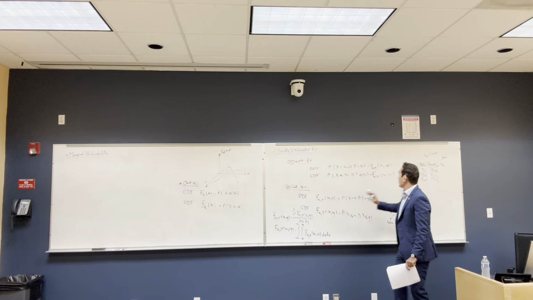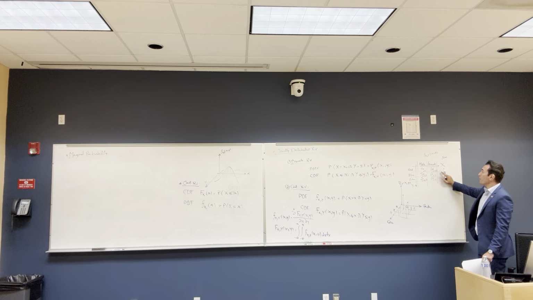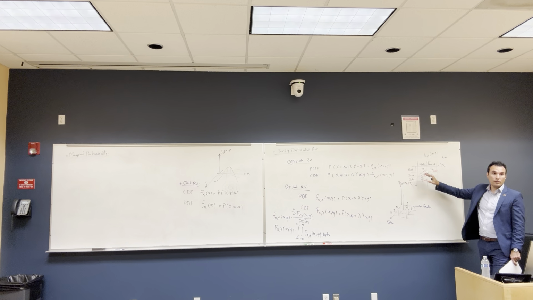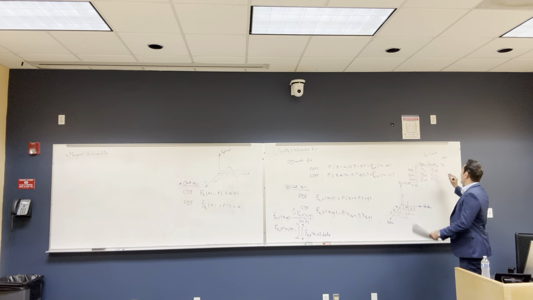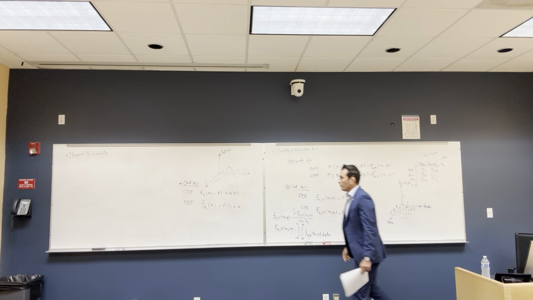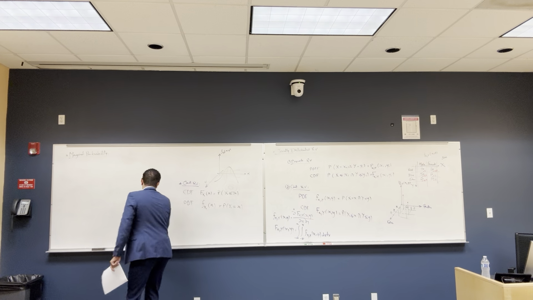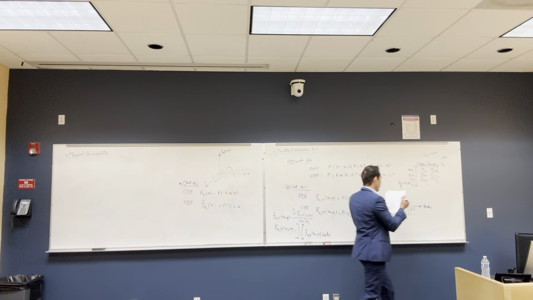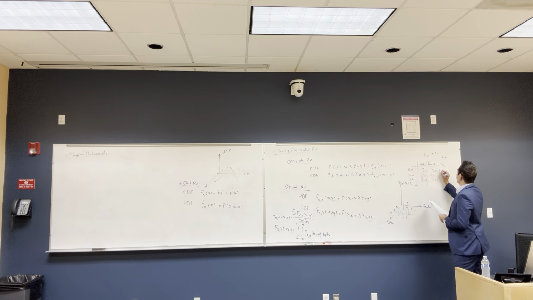So you basically sum 0.3 and 0.067 together. If I sum them together, it's going to give us 0.367, and this is 0.367, and this is 0.267.